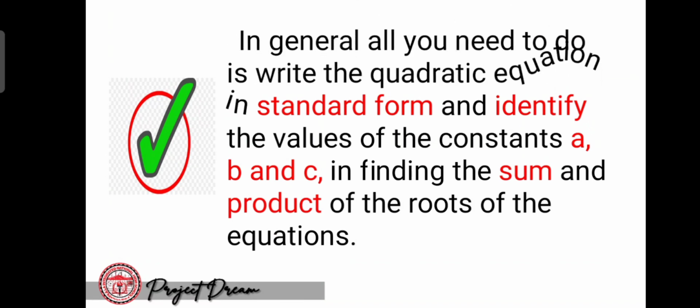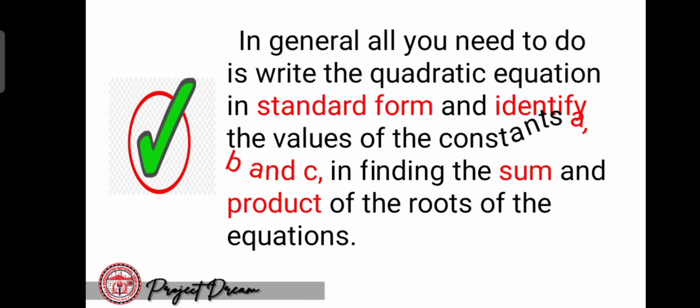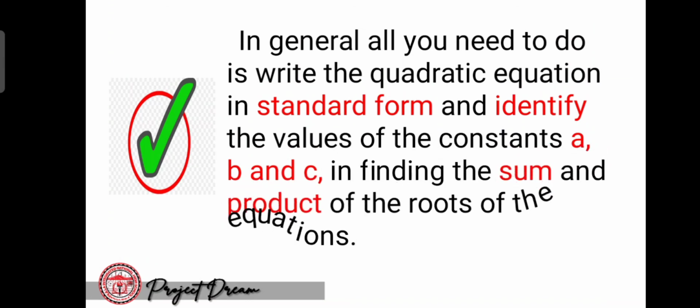In general, all you need to do is write the quadratic equation in standard form and identify the values of the constants a, b, and c in finding the sum and product of the roots of the quadratic equation. So, no need to solve the roots of the quadratic equation using the different methods if you're going to find the sum and the product of the roots.